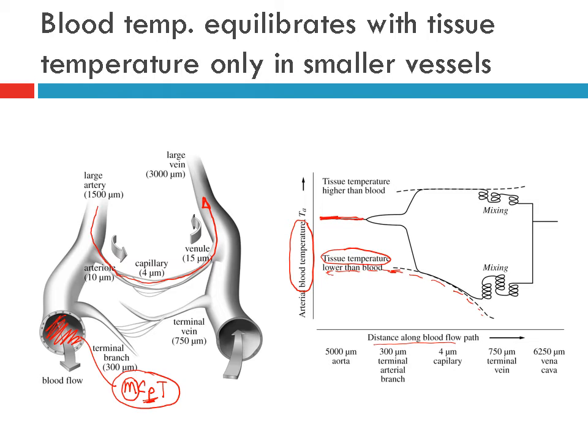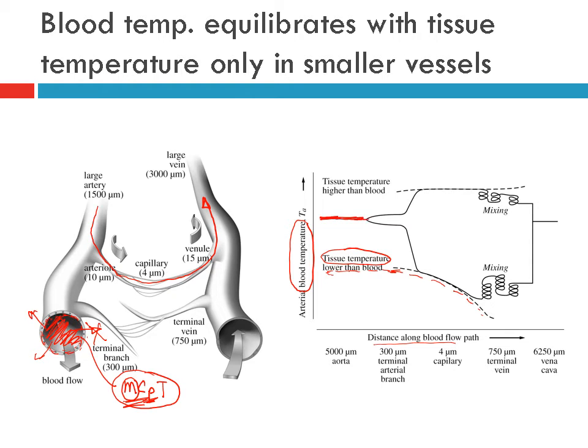So if it's carrying a lot of energy, it will not quickly lose all of it to the tissue. That's very difficult because it has so much energy and it has only this little surface area to lose the heat to the tissue. It only loses through where it touches the tissue. So compared to the amount of blood, the surface area available for heat exchange is less.